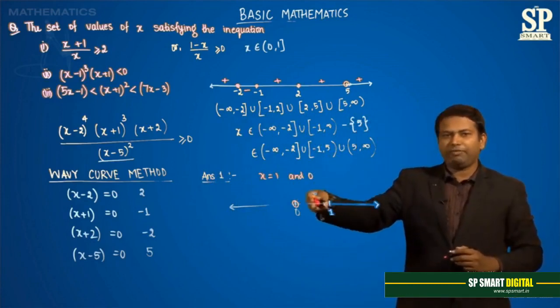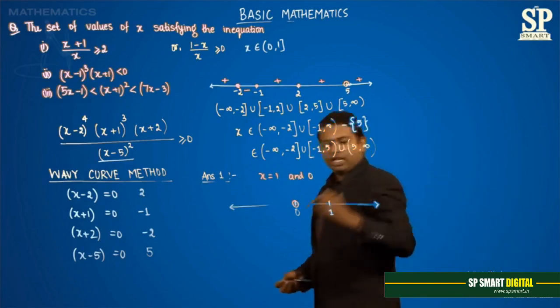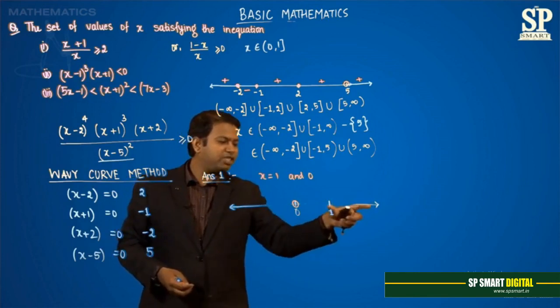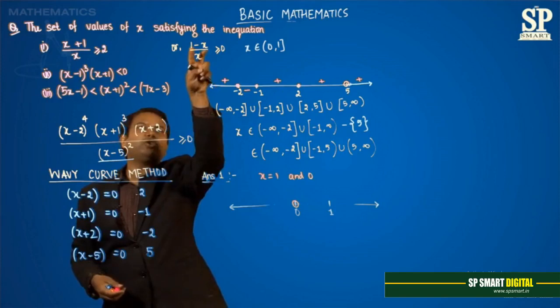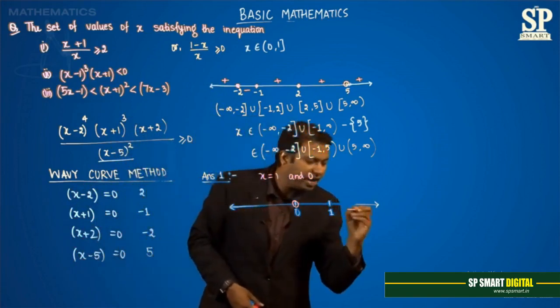So here, if we move on to this first question, now let us check the sign. Since we need to check for these 3 portions, let us first take the value of x as 2. If we take x equal to 2, we have the sign as 1 minus 2, which is negative, upon positive. So here we have a negative sign.